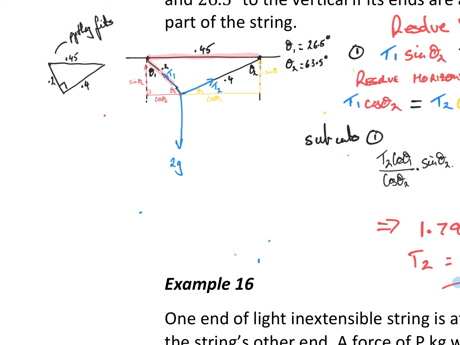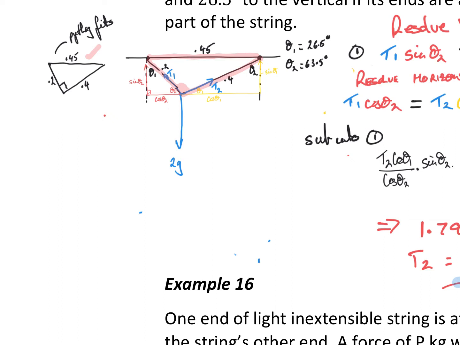One string length is 0.2, the other one is 0.4. If I bring that over into this triangle here, we can soon work out that that actually is a Pythag right angle triangle. So in actual fact, it is possible to determine that that angle there is 90 degrees, which might be useful when we come into another way of solving these triangles, which is called Lamy's theorem.